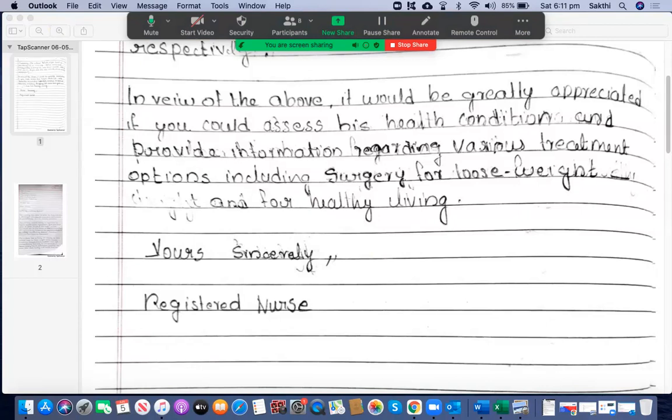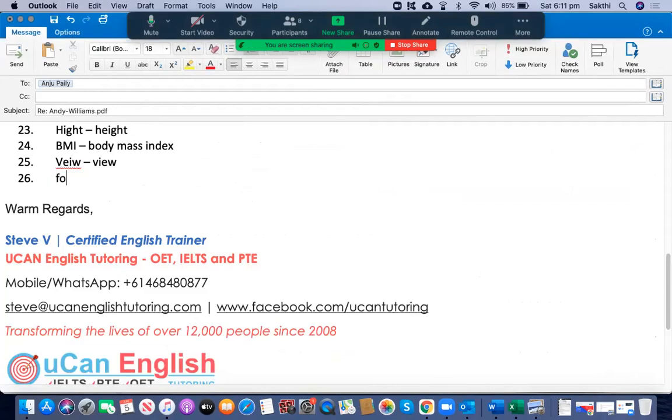For lose weight? No, for losing weight, isn't it? "For" always goes with the verb plus ing. Remember that. If you want to use the verb, then use "to" plus verb.